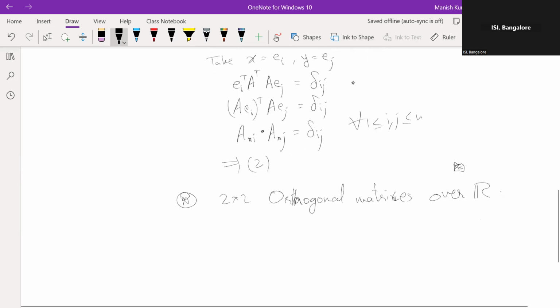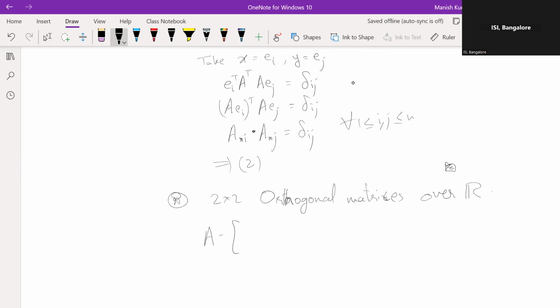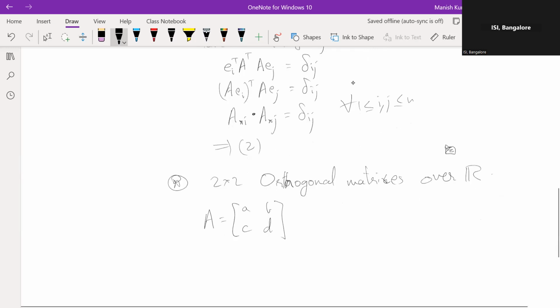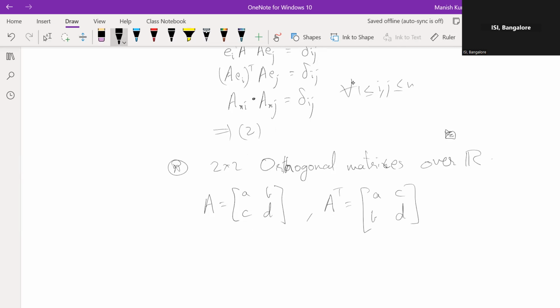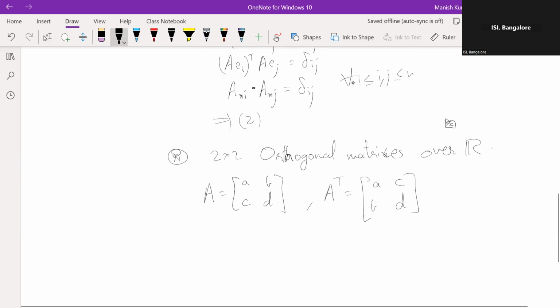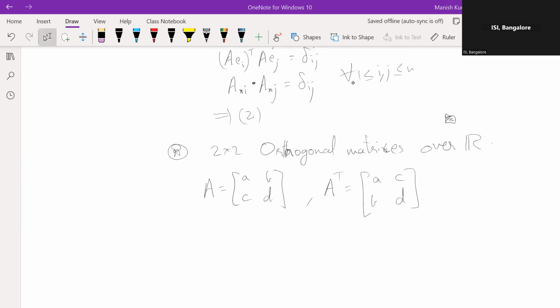Say a matrix, an orthogonal matrix, or any matrix for that matter, looks like this: A, B, C, D. Since it is orthogonal, we want to impose that condition and see what values we can get for A, B, C, D. So A transpose will look like this. And then we want A transpose A to be the identity.